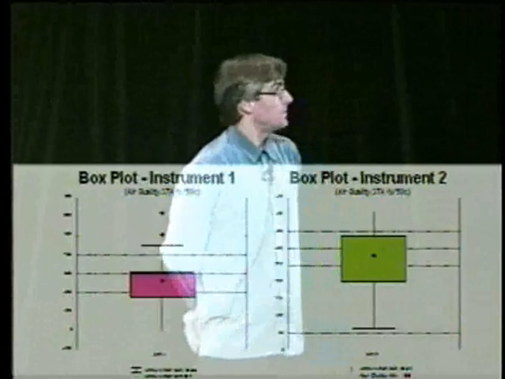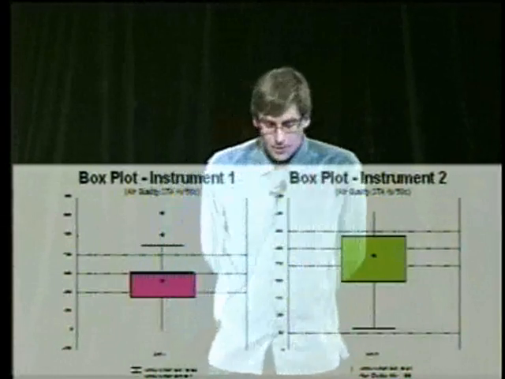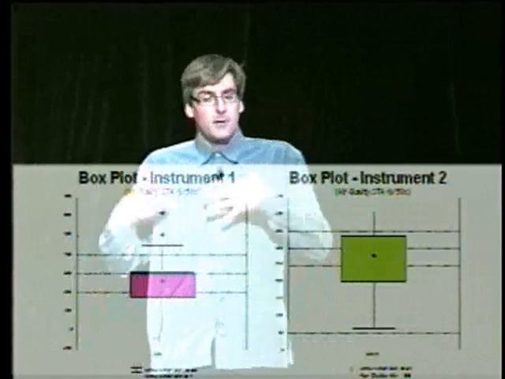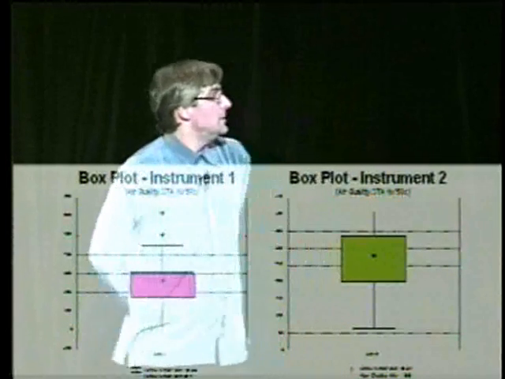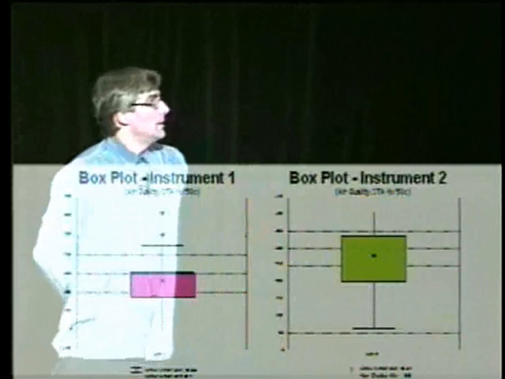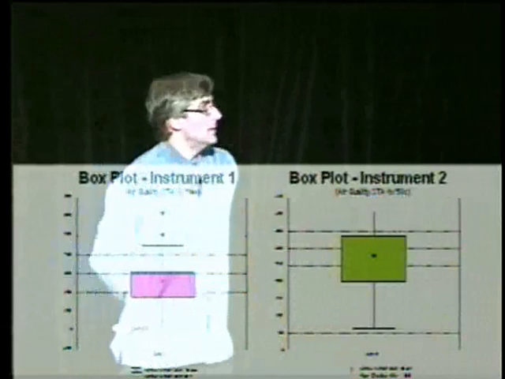Another technique for displaying data is to form box plots. Now this basically shows generally the same information that you get in a histogram, often in a form that's a little bit easier to digest immediately.